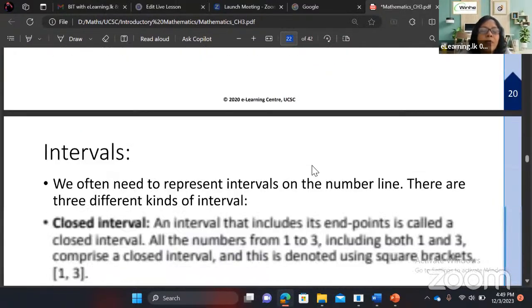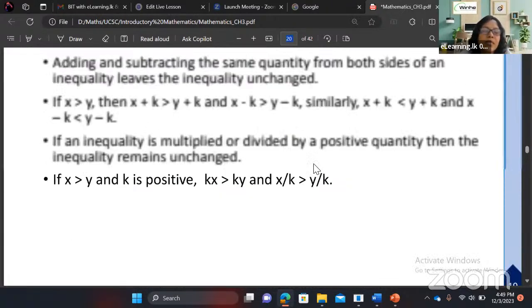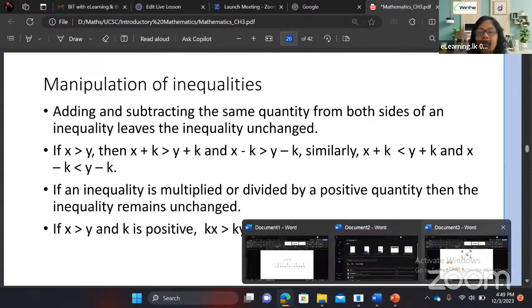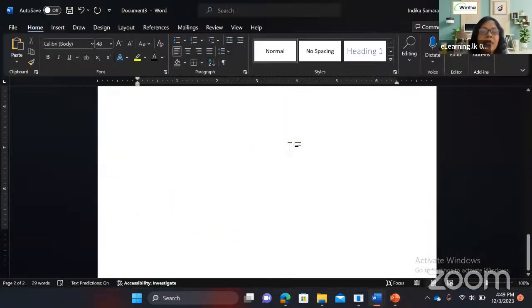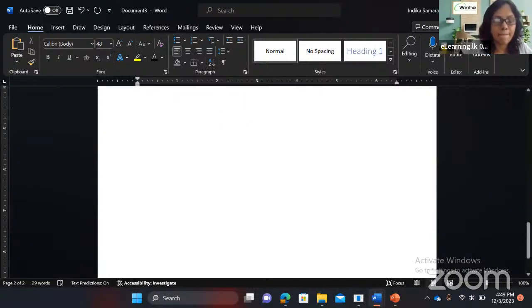So you have to keep in mind those things when we are considering inequalities, right? Now assume that you are given 4 is greater than 2.